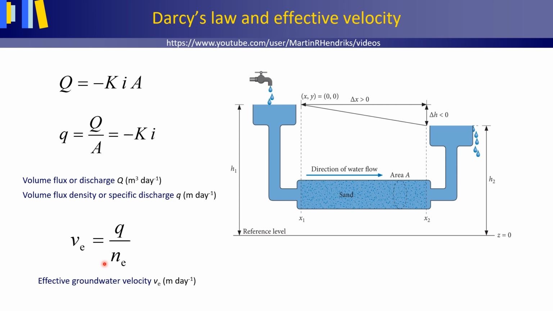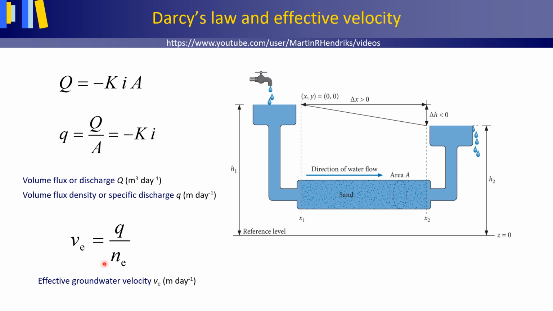The volume fraction is expressed as a number between 0 and 1. As there, for instance, may be stagnating water in dead-end pores in the porous material, the effective porosity N with subscript E is defined as the volume fraction of the porous material that participates in the groundwater flow process.